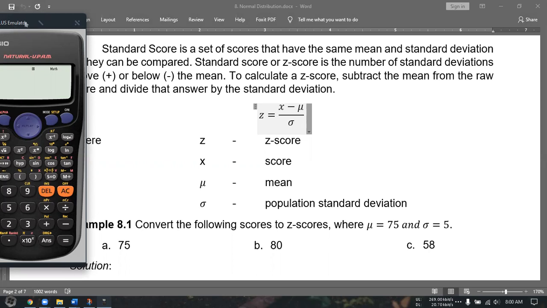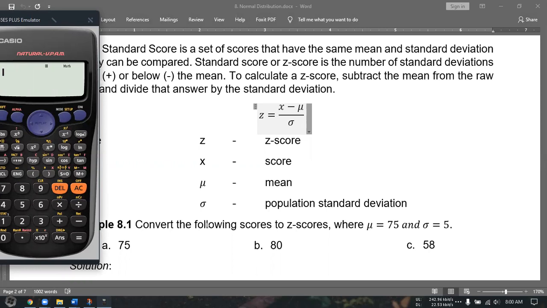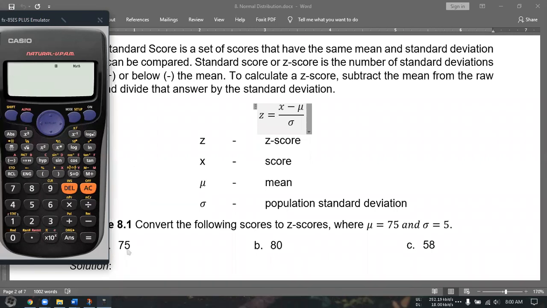I repeat, converting these to their equivalent standard scores means to determine their distance from the mean in terms of the standard deviation. This is what I meant a while ago, that if we convert the given mean, median, or mode into the standard score, this would just lead us to 0. For example, 75 is our mean. Using the formula, 75 minus 75 over 5 gives us 0.